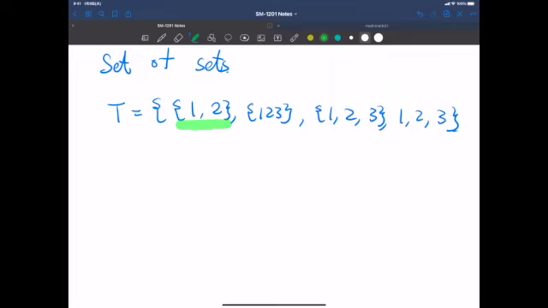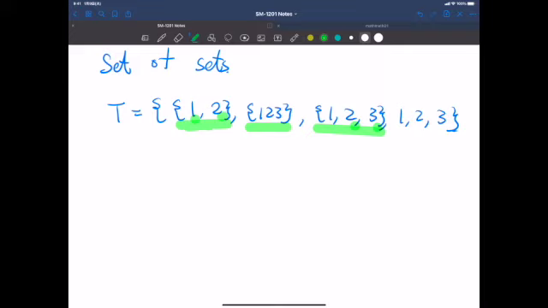The first element is a set that contains 1 and 2, the second element is another set that contains one element, 123, and the third element is again a set that contains three elements 1, 2 and 3.